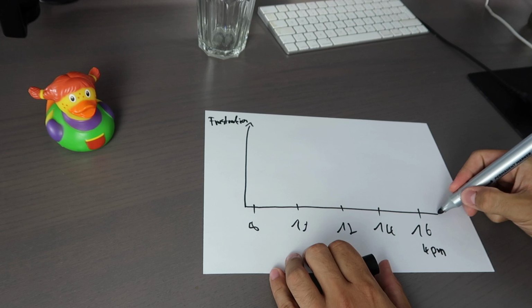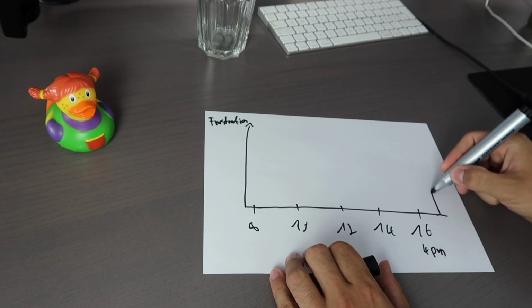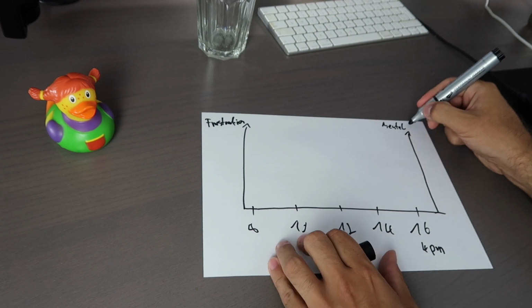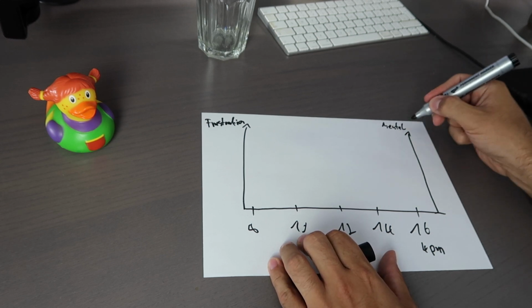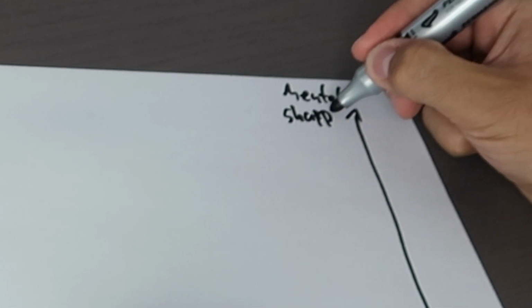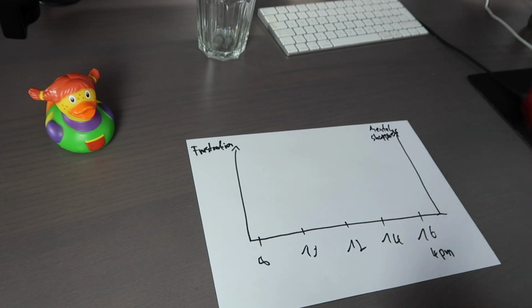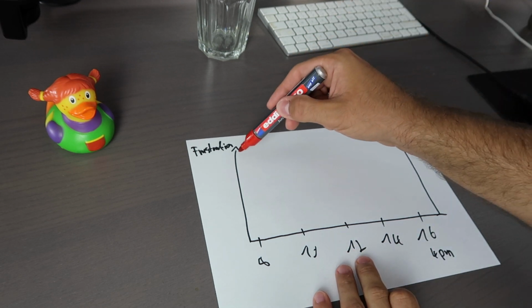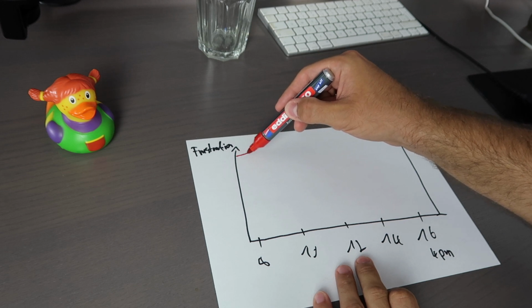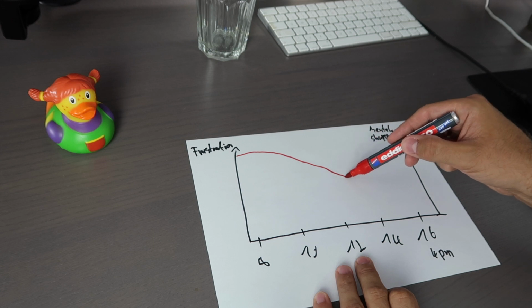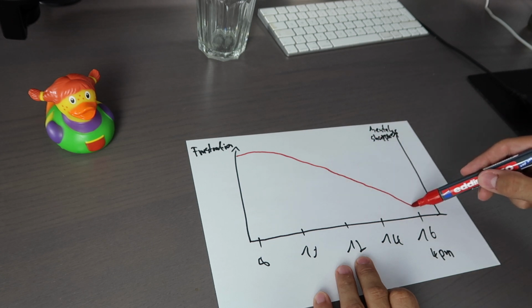And on the other side, we got the mental sharpness. I don't know where to write this. Let's say here. Sharpness. Like this. If you start the day, your mental sharpness is at a very, very high level. But of course, during the day, this declines, and after lunch, the mental sharpness really goes down.